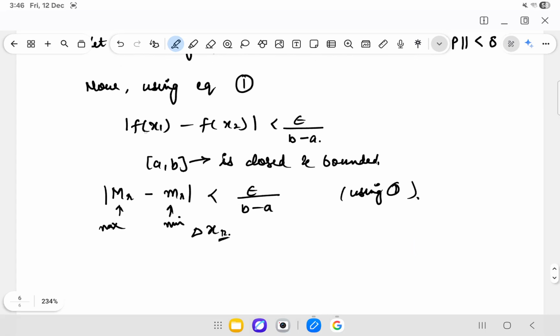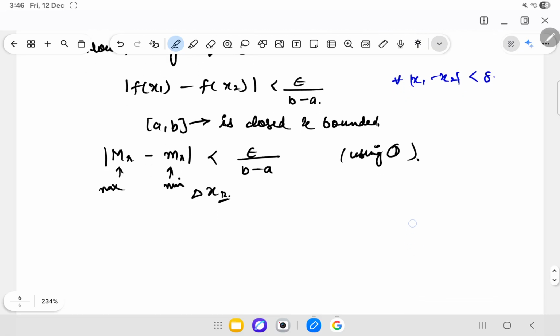Now since f(x1) minus f(x2) is less than epsilon by b minus a for all x1 minus x2 less than delta, then Mr minus mr should also be less than epsilon by b minus a using the above relation, and it holds for all r equals 1, 2 up to n if P is a partition with n subintervals.